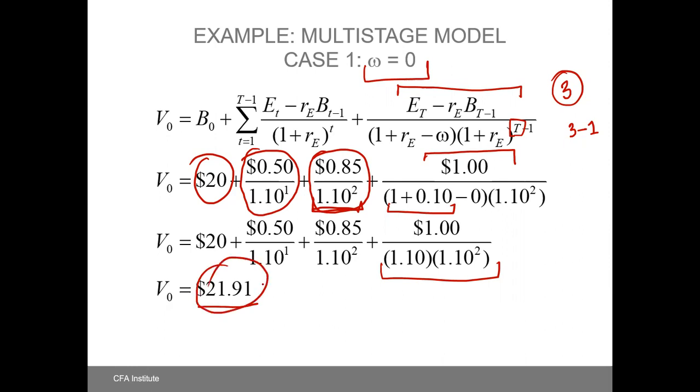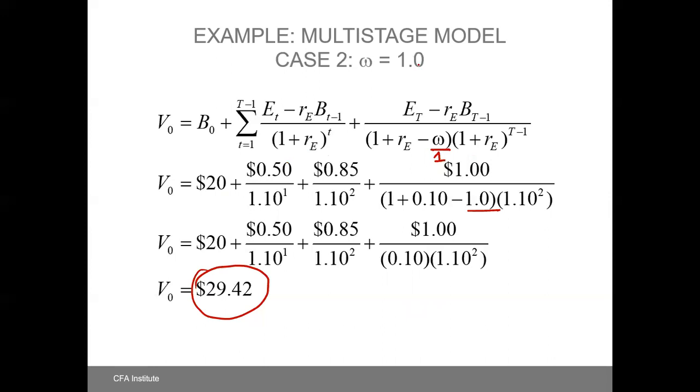Is it consistent that when the firm has persistence indicated by omega, the firm should have higher value or lower value? What do you expect? If the firm has persistence of higher residual income, the firm should have higher value.